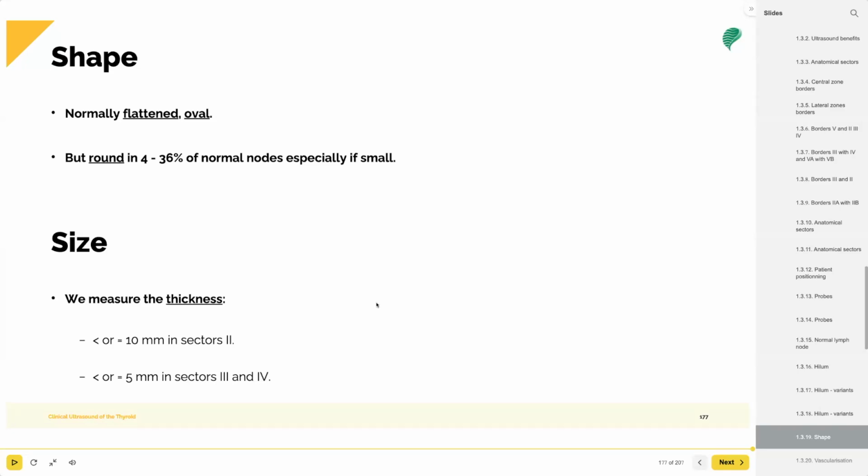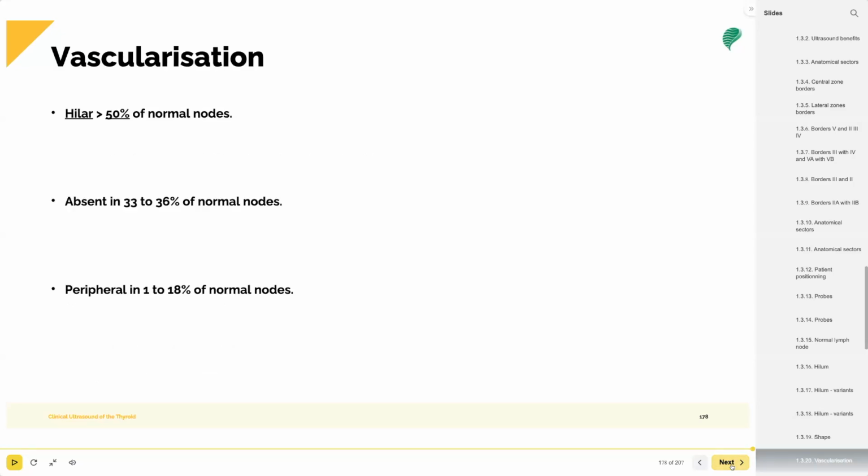We do measure the thickness, usually less than or equal to 10 millimeters in sector 1, equal to or less than 5 in sections 3 to 5. The hilums, we usually see them in more than 50% of lymph nodes.